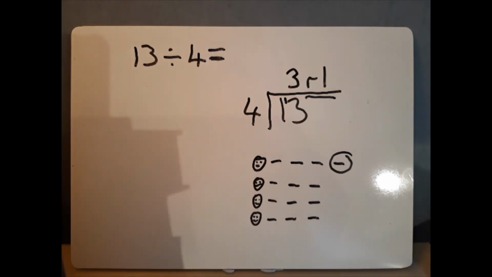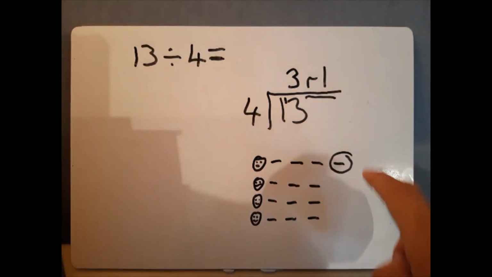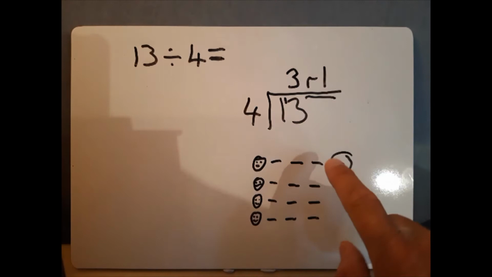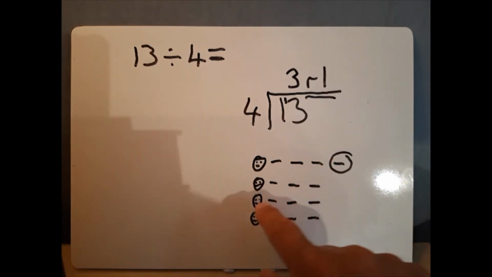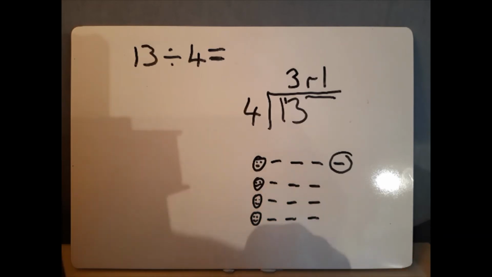If I share my sweets equally, it's still 13 divided by 4. The answer is still 3 remainder 1, but we're ignoring this. We're only interested in the 1, 2, 3 that each friend got. So they got 3 each. Answer perfect. That's A sorted.